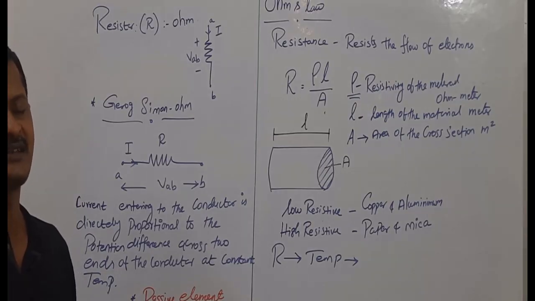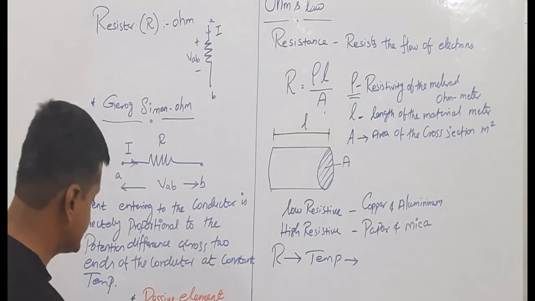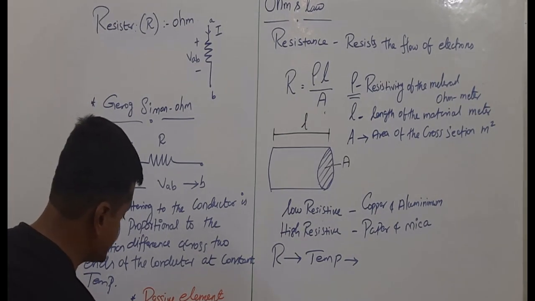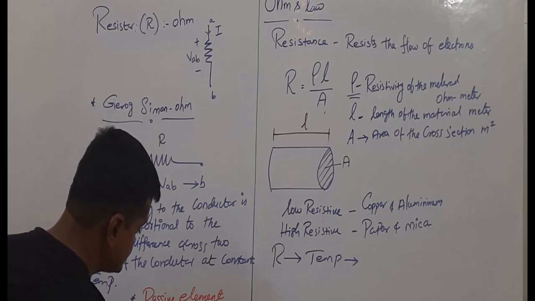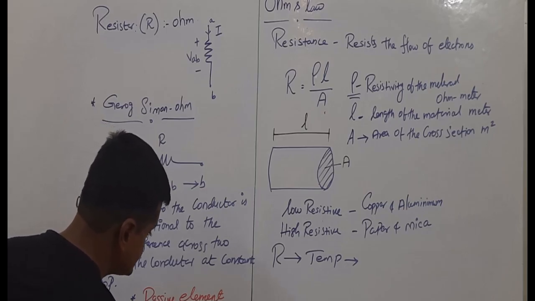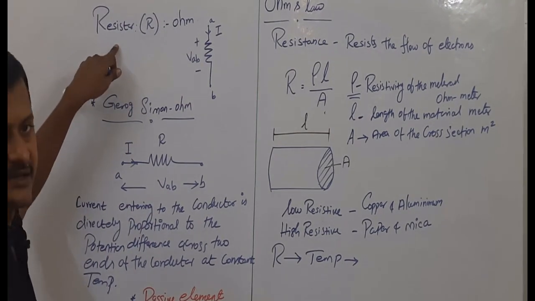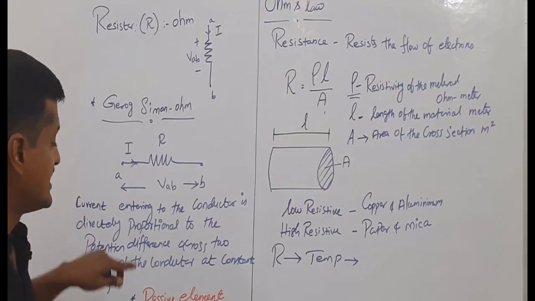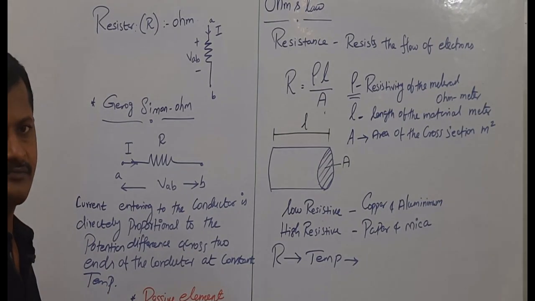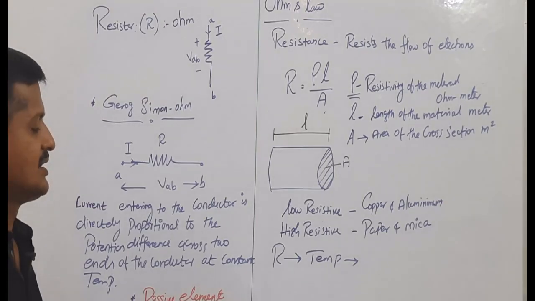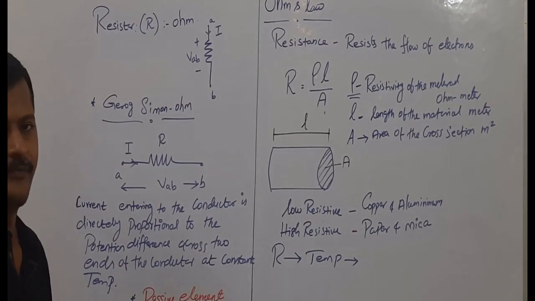Also, it is a linear element. So resistor is a device, it is a passive element, and also it is a linear element. This is about the resistor.